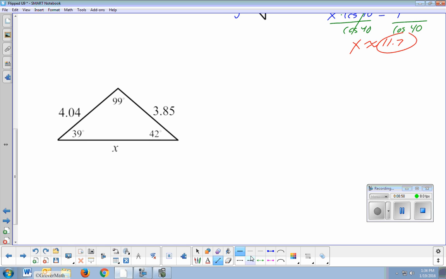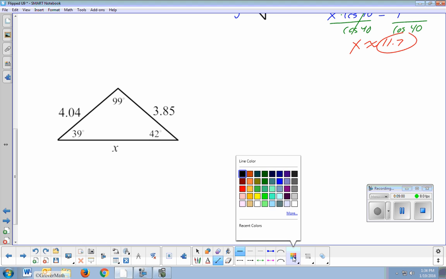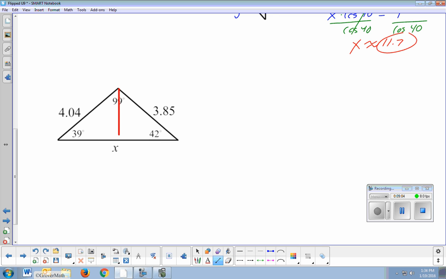Well, what we could do is turn it into two right triangles. It's best to take your largest angle and draw an altitude, because then I know this is 90 degrees, and I can figure out this angle. This does not bisect 99. It definitely does not.